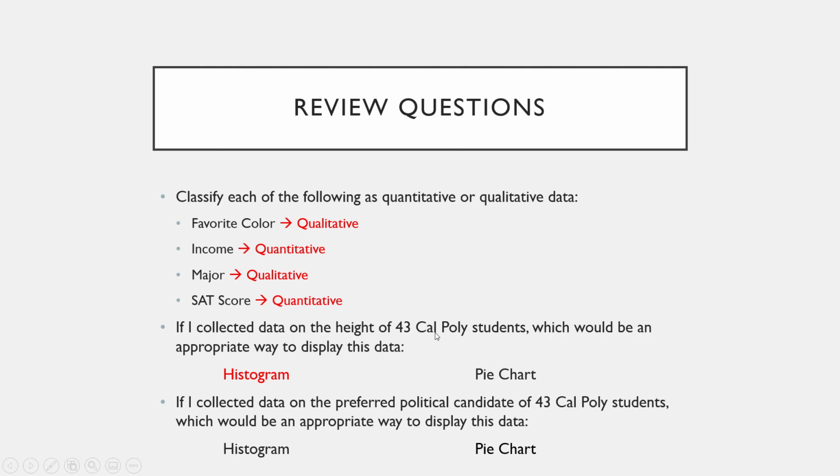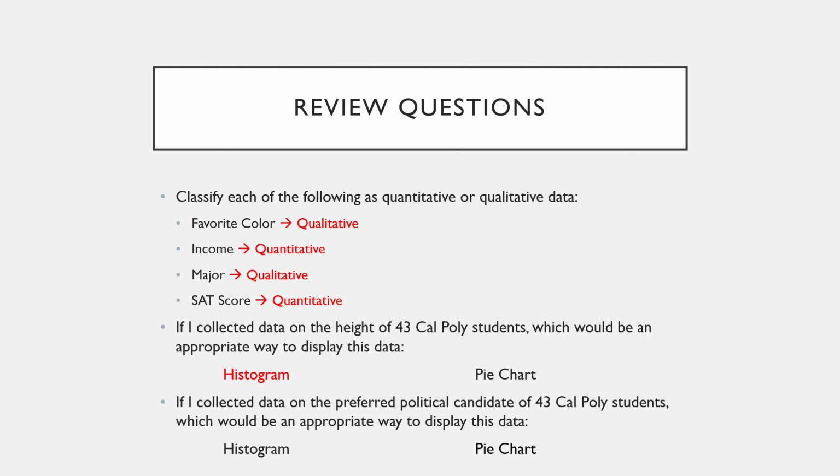Next question is, we're collecting data on the preferred political candidate of 43 Cal Poly students. What would be the appropriate way to display this data? Well, now in this case we have qualitative data, right? We're not answering our favorite political candidate as a number. We're answering that as some kind of category. Right now, in terms of like the presidential race, we kind of have three choices.